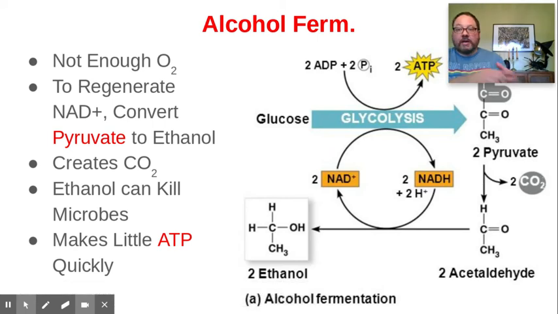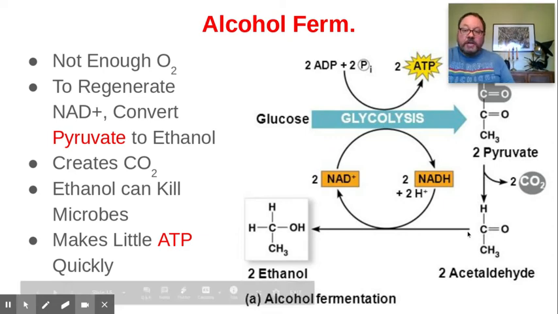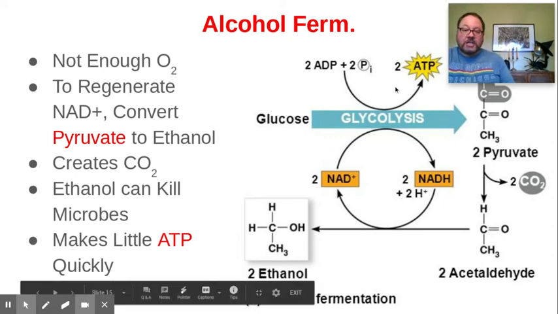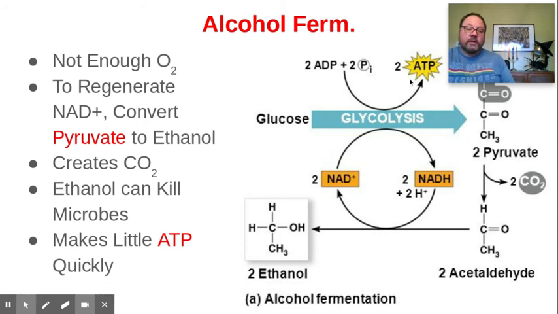So that's why bread will rise during its proofing, because these organisms will create CO2, and that'll help with that rise or bubble creation. Again, this is something where it's only a few steps, so you don't make as much ATP, but you can make it pretty quickly.